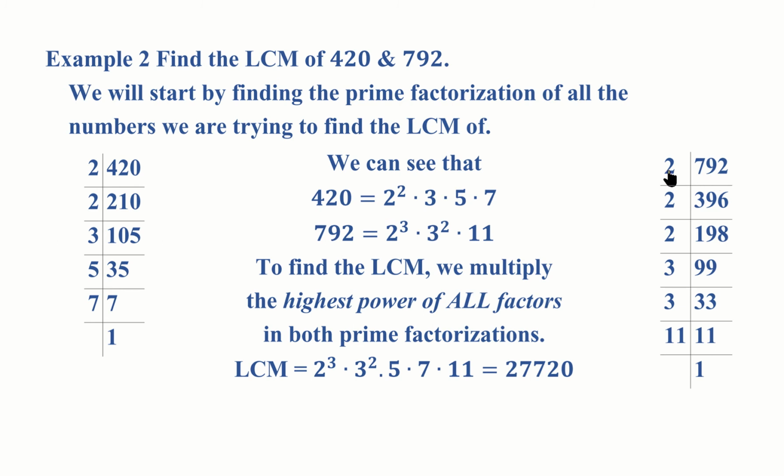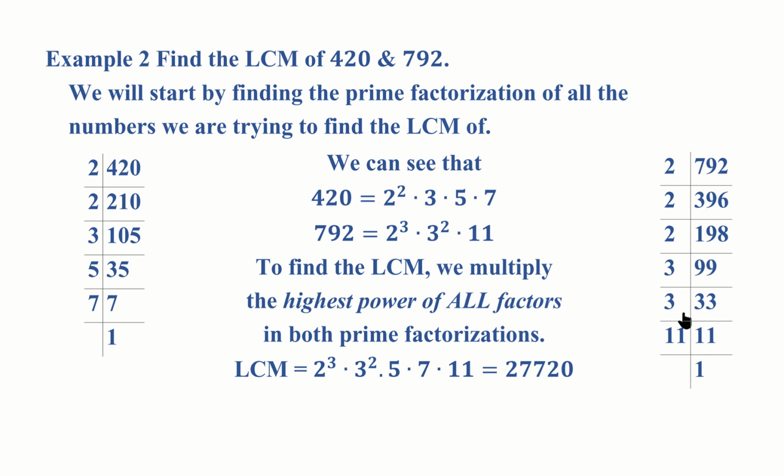792, we start with 2 again, we divide, we get 396. We notice it's still even, so we can divide by 2 again, we get 198. Use 2 again to give us 99. Now we have to go to 3. Notice 9 plus 9 is 18, which is divisible by 3. Therefore, 99 is divisible by 3. So we divide by 3, we get 33.